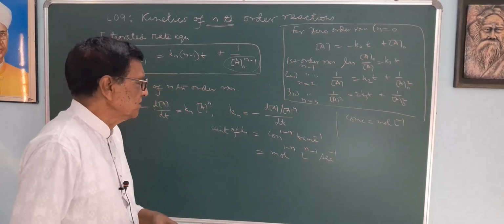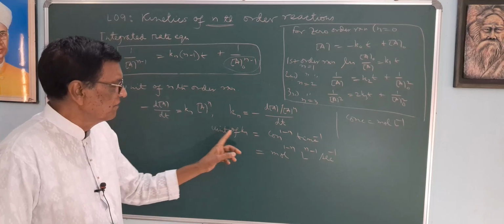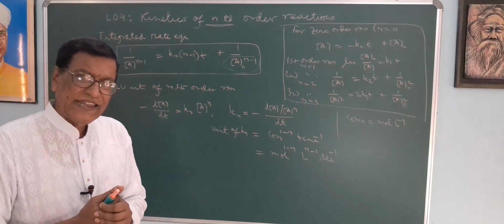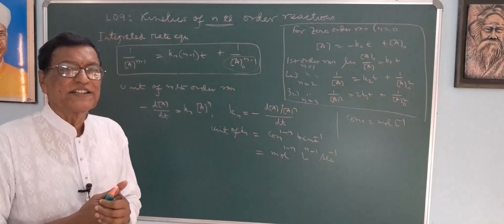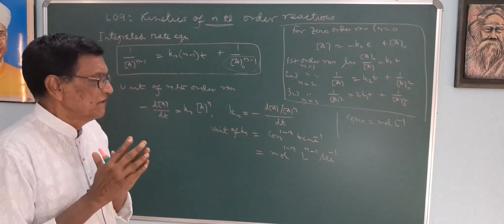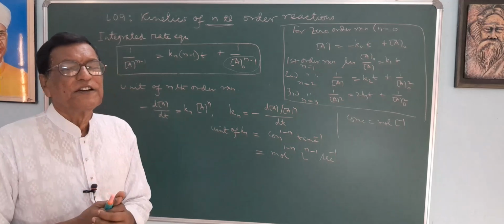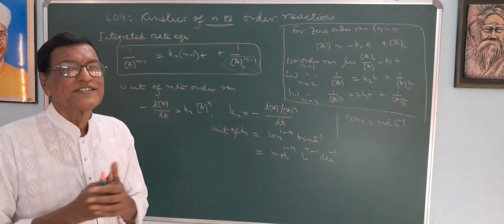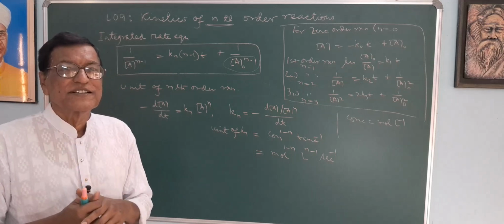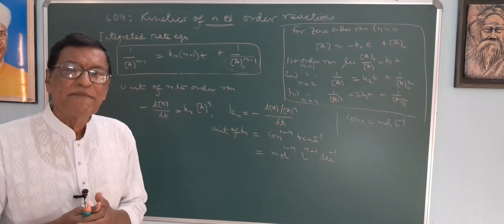So the unit of the rate constant is very useful. From this unit you can find out the order of this reaction, which order the reaction is having.